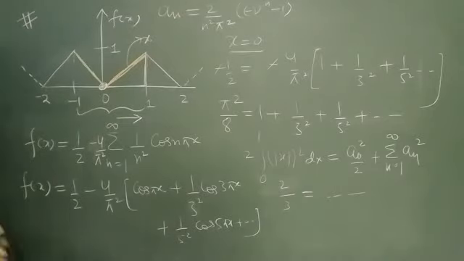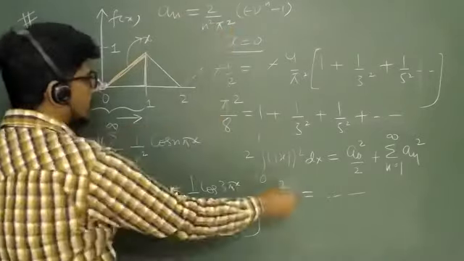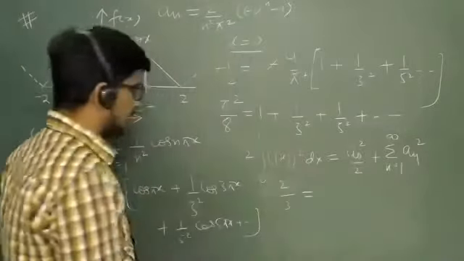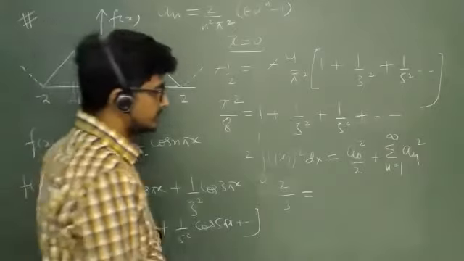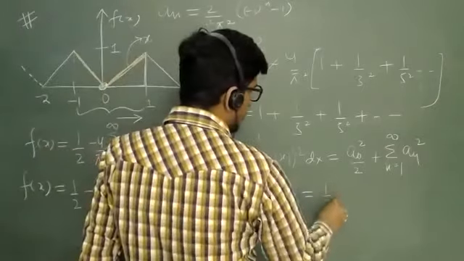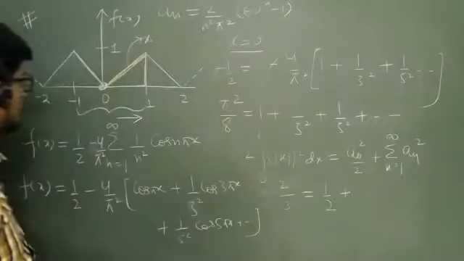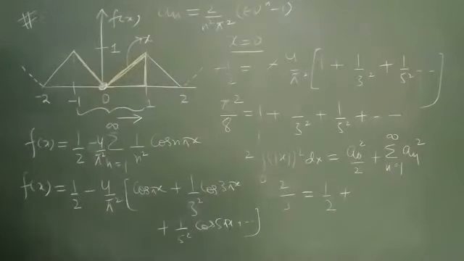So whenever you see pi square in the coefficient, it will become pi to the power 4, because this side, what was the value of a naught? 1. So it will become 1 by 2 plus, you check, what is the value of a1? 1 by 2, so 1 by 4 will be there.